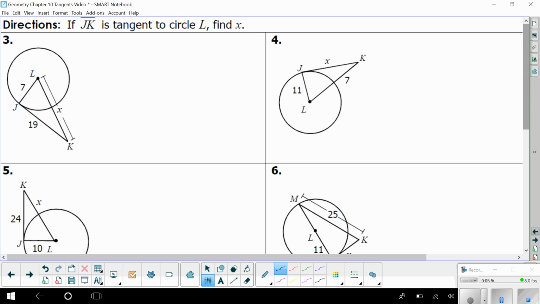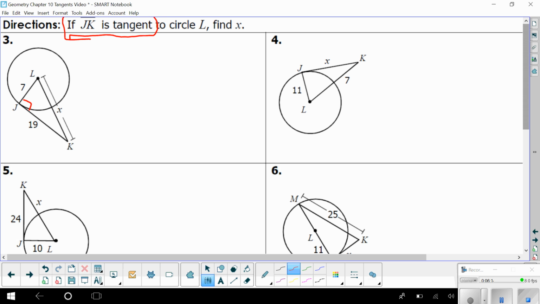So for the next one, it says if JK is tangent. Okay, if it is tangent, so now what you can assume is it's tangent, I can make that right angle right there. Okay?